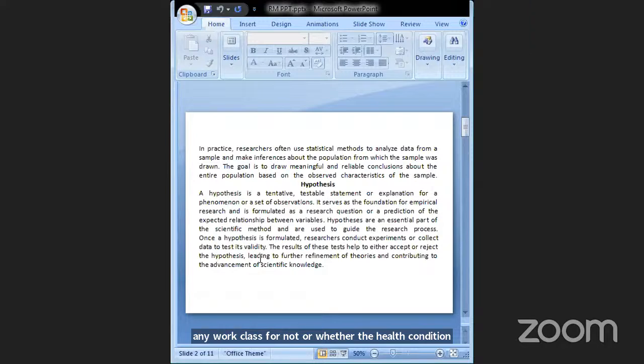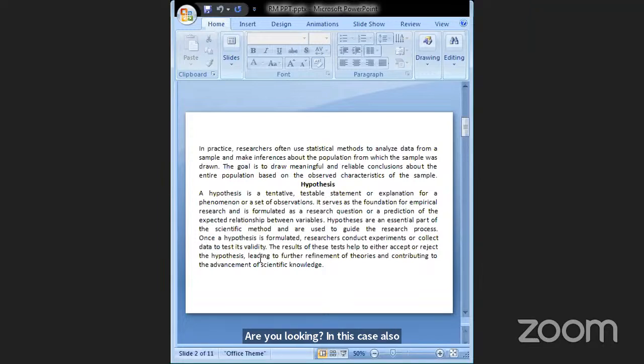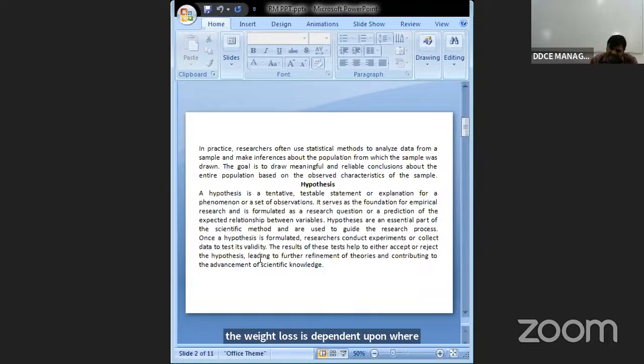In this case also, the weight loss is dependent upon the exercise, the timetable, the time period. So in social science research and business research, these two variables are most important: the dependent variable and the independent variable.